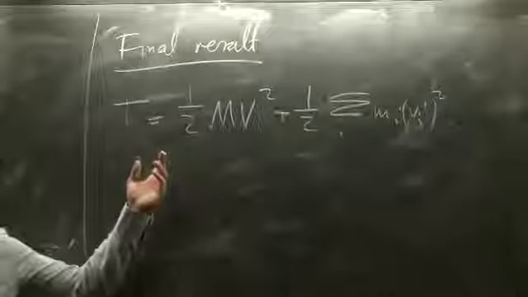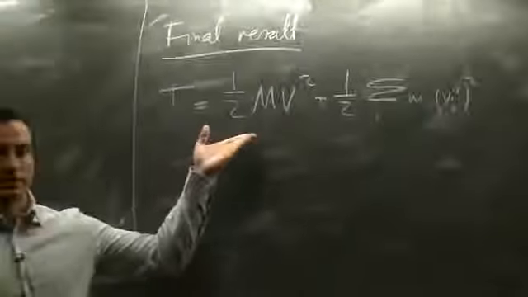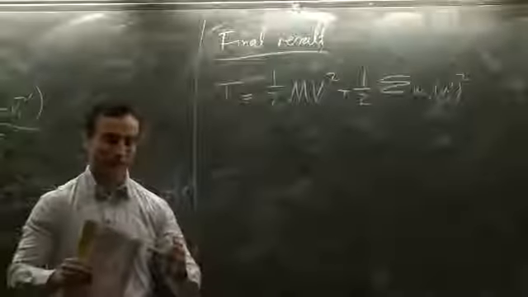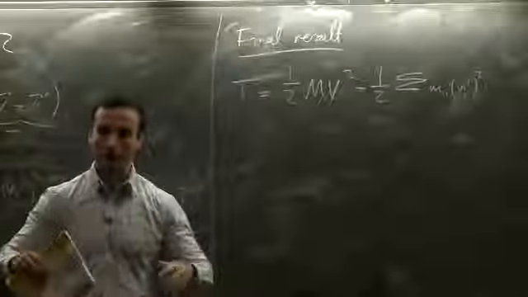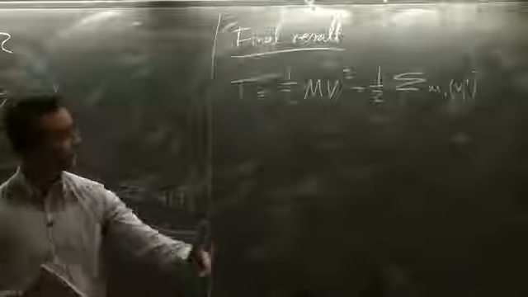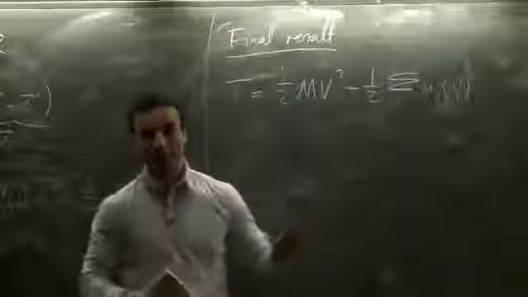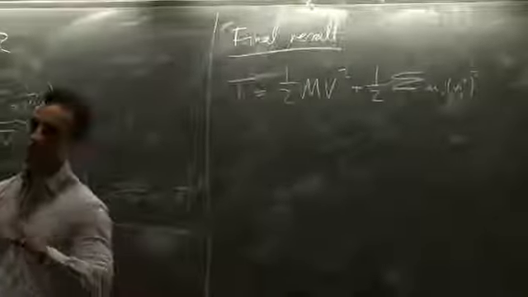So the kinetic energy can be rewritten as a center of mass term, the velocity of the center of mass as if all the mass was gathered into one point and moving, in addition to the relative velocities of the particles with regard to the center of mass.